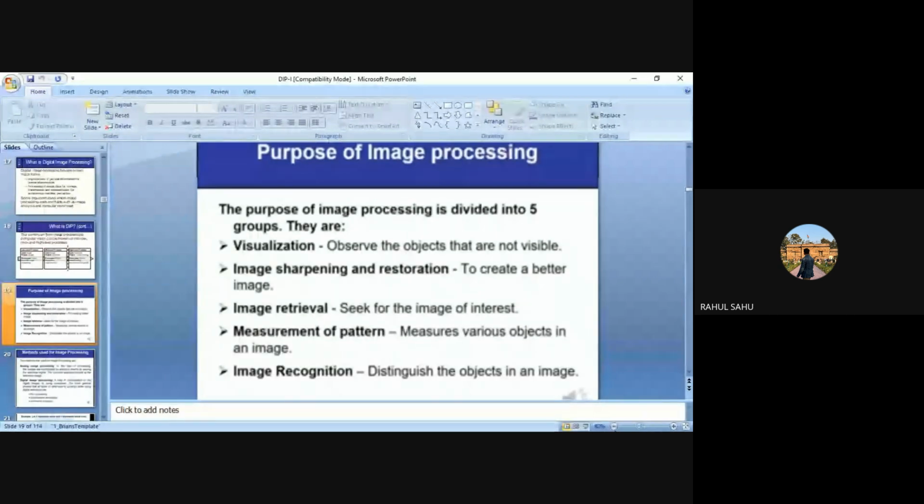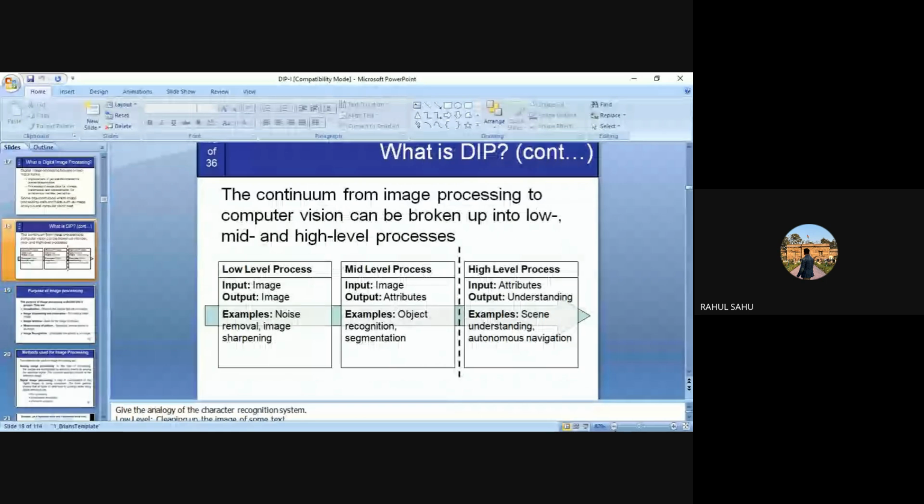So can I ask you? Yes, why not? In image processing we are now in advanced topics, like we can now generate images in AI systems.